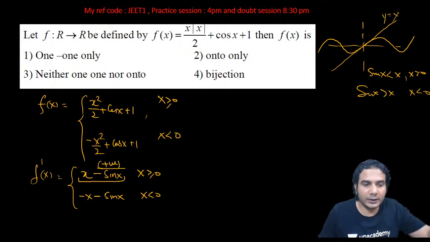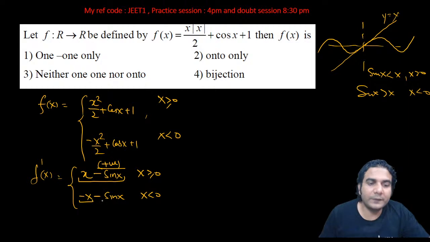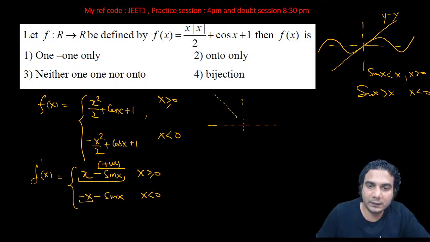And what about this? Minus x will be a positive quantity, by the way. If I show you minus x, then this is minus x. Using the graph, minus sin x is basically like this, a reflection.